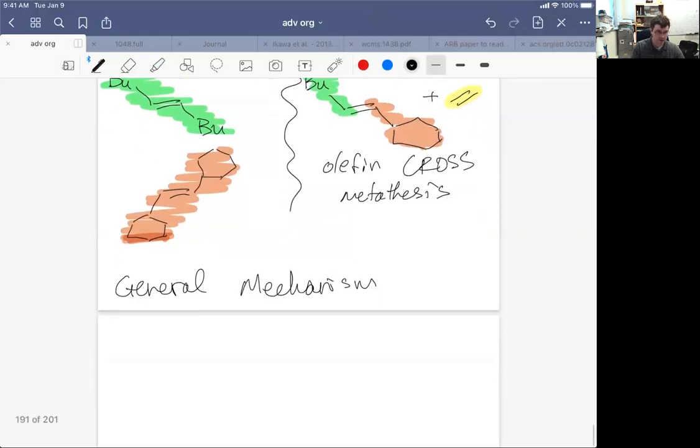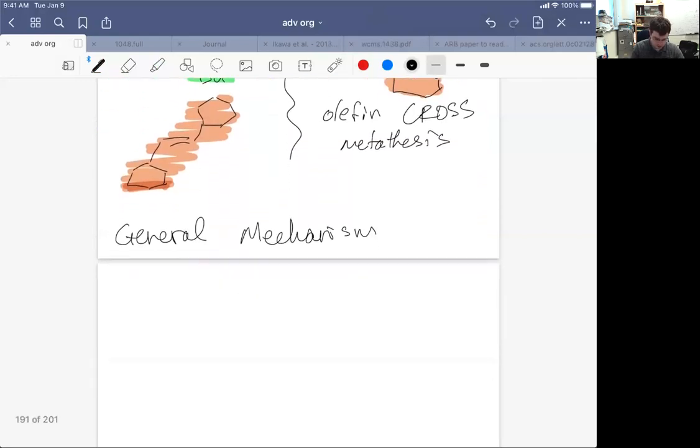So what we have here is our butene that's attached to an alkene plus a metal that's attached to an alkene with a phenyl group. Now I'm just going to continue my highlighting here. This is the green piece.